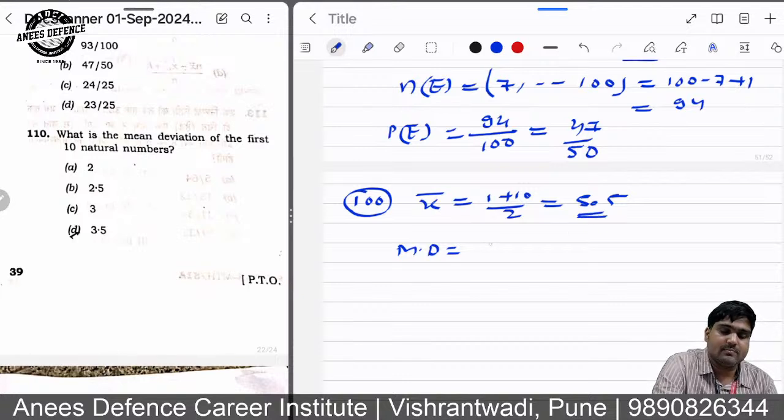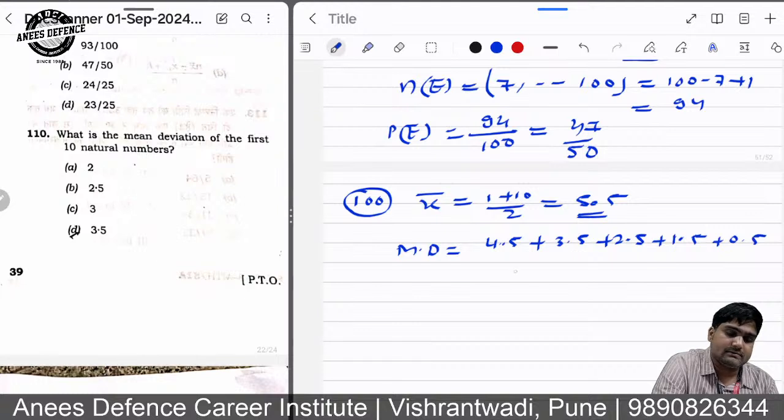So 1 minus 5.5 is 4.5, taking the modulus, plus 2 minus 5.5 is 3.5, plus 2.5, plus 1.5, plus 0.5, 5 minus 5.5, again 1.5, plus 2.5, plus 3.5. If I take 10 minus 5.5, it is 4.5, all upon 10.